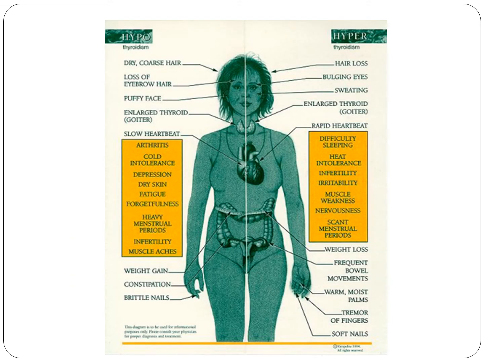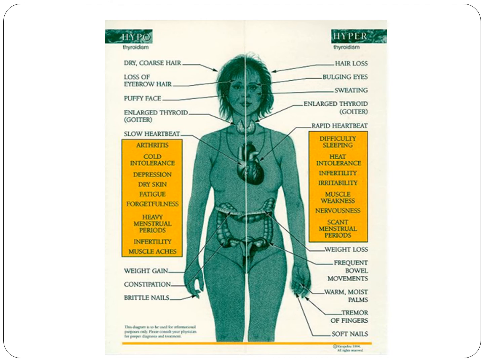Next are hypothyroidism and hyperthyroidism. In hypothyroidism, the main clinical features we can see are dry and coarse hair, loss of eyebrow hair, puffy face, enlarged thyroid, that is goiter, and slow heartbeat.